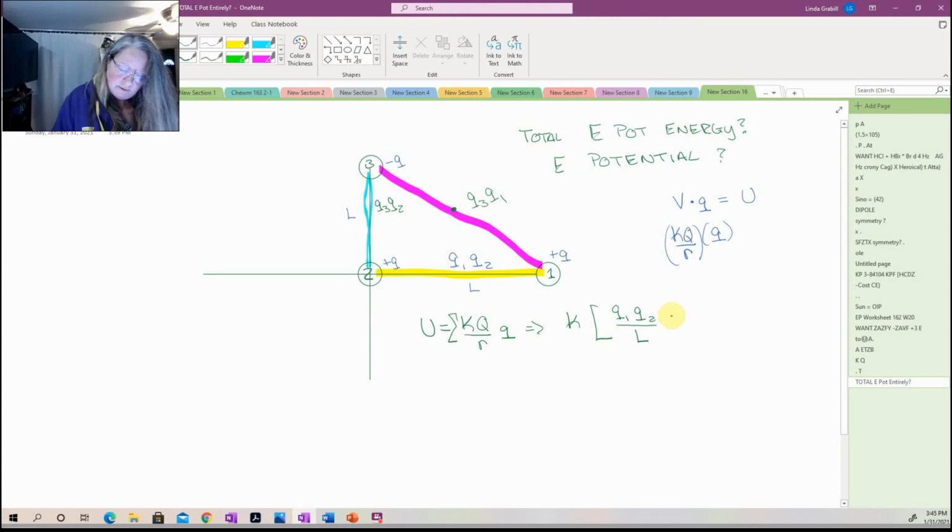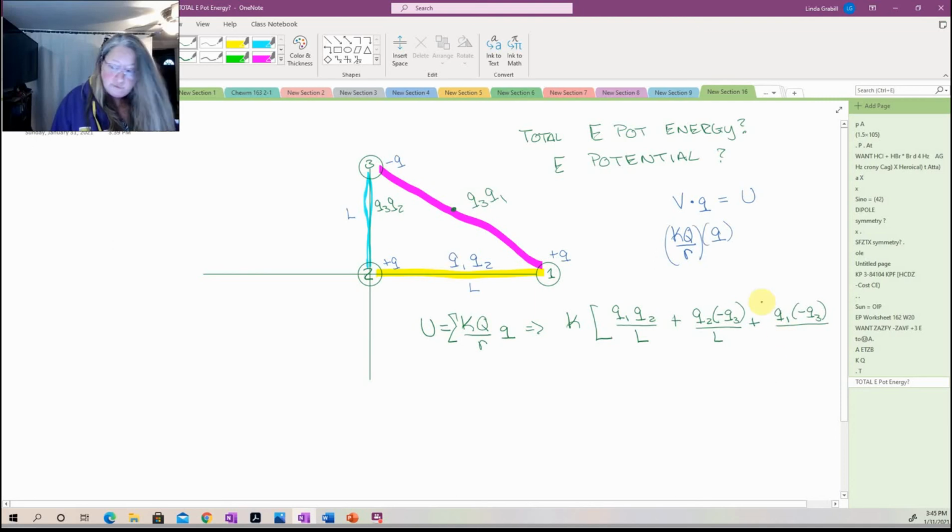Then plus Q2 times negative Q3 over that distance. And then plus Q1 interacting with Q3, so Q1 times negative Q3, divided by that distance. That distance is Pythagorean, a squared plus b squared, so L squared plus L squared, so 2L squared.